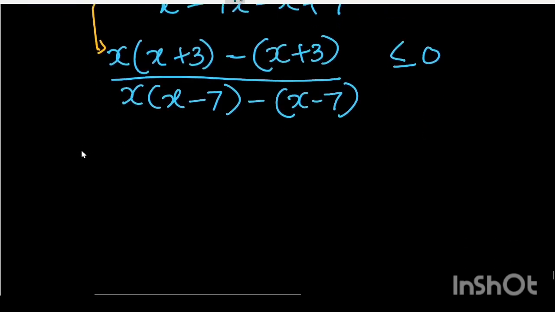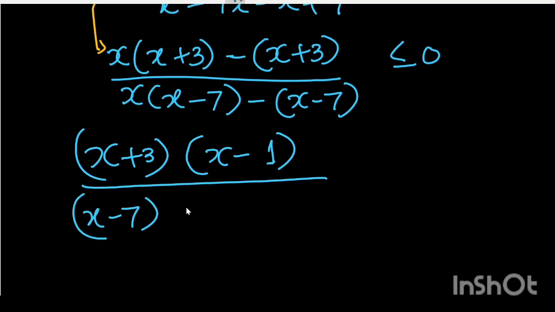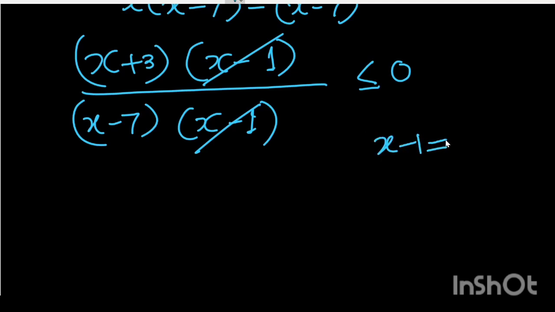So guys, taking (x + 3) out from the numerator, inside we are left with (x - 1). Taking (x - 7) out from the denominator, what we are left with inside is, yes, again (x - 1), less than or equal to 0. Now (x - 1) we can cancel, but if we are cancelling variables, we should apply the constraint that x - 1 shouldn't be 0, otherwise it won't be defined.